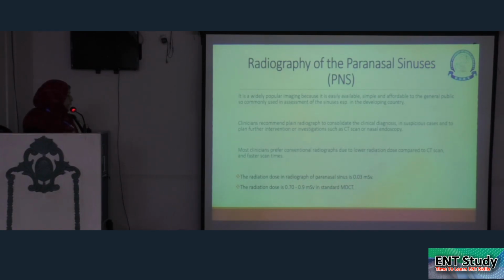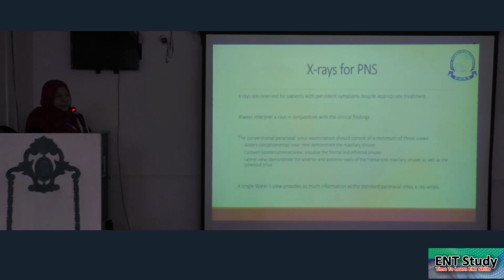But with development of the low dose CT scan, this dose is markedly reduced to 0.047 to 0.51. So it is much better than the conventional radiography. The X-rays are reserved for the patient with persistent symptoms despite the appropriate treatment. Always interpret the X-ray in conjunction with the clinical findings.